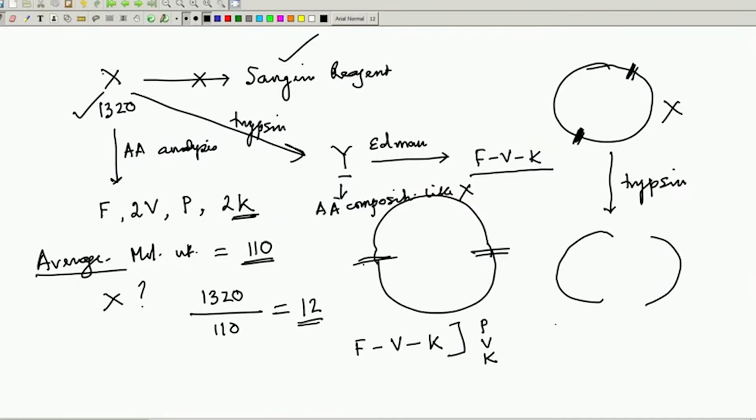You can write many different sequences. The F V K is fixed, because that is the partial sequence, and then it may be followed by, say, a valine and then a proline, then a lysine.